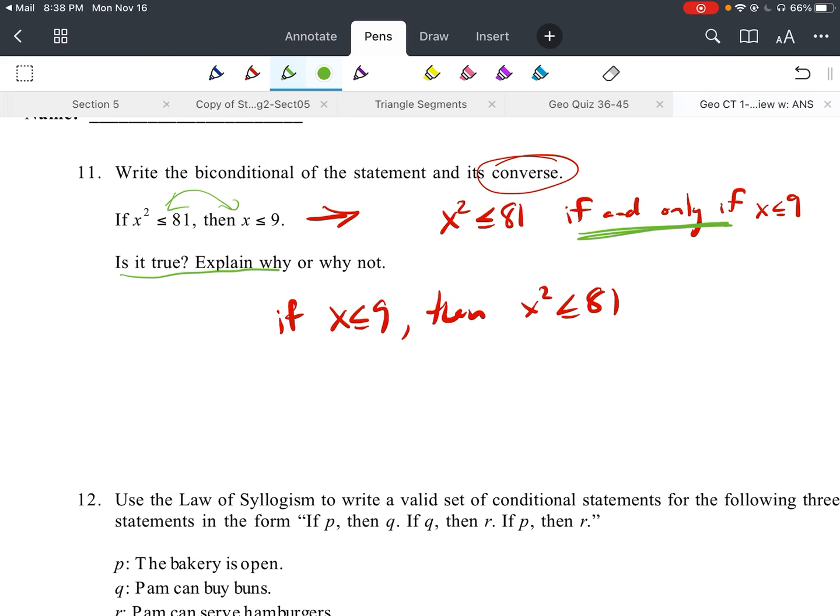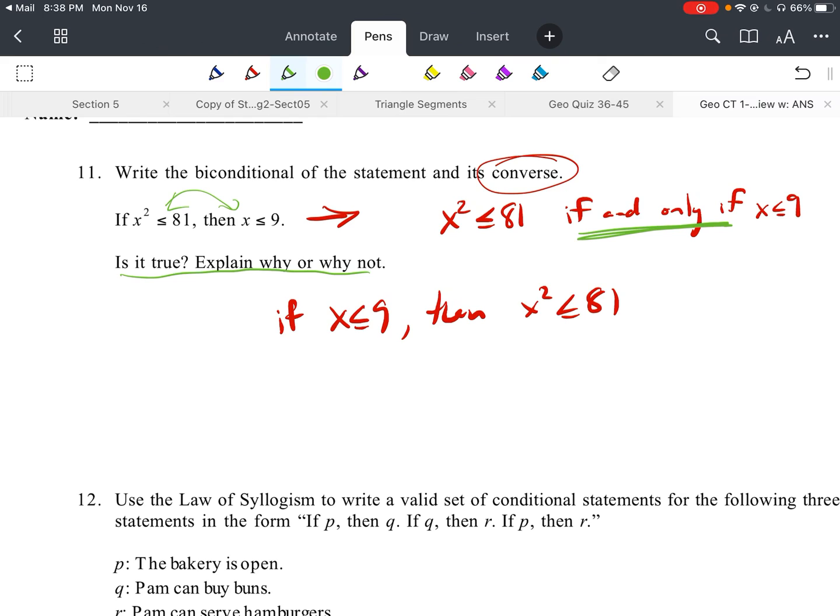Now, is it true? Why or why not? A biconditional is only true if the original and the backwards version are both true. So if x is less than or equal to 9, does x squared have to be less than 81? I'm just going to test both of them. Try to think of some counterexamples where it would not be true.